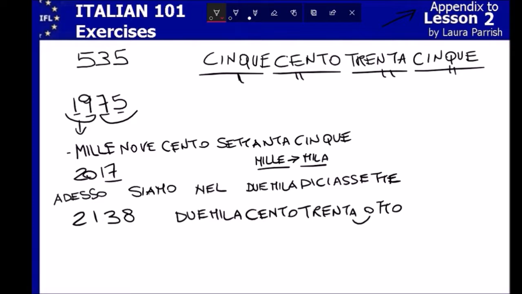But because here there are two vowels, the last vowel disappears, because this 8 is the number 8, otto. It would be difficult to read. So when you have the number 8, because it starts with a vowel, you eliminate the last vowel of the number before it, and it becomes centotrentotto.